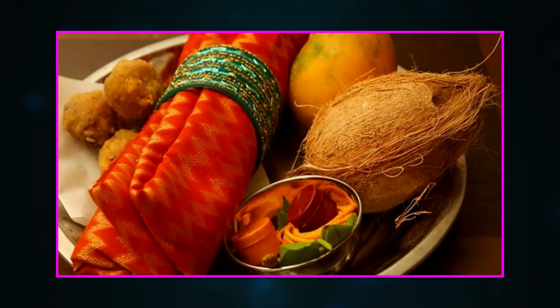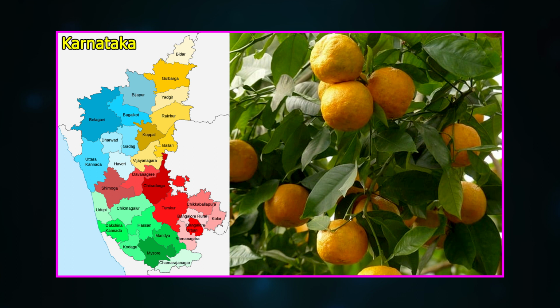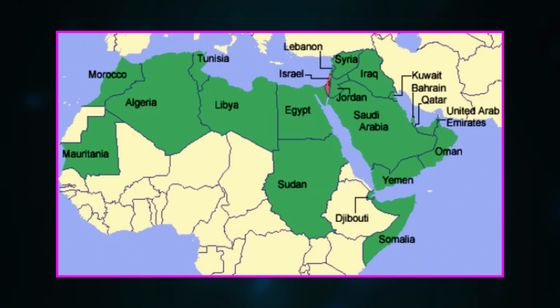Coconuts, widely known for their ritual status, were introduced to the peninsula in the early Christian centuries. Orange was probably a native of Kashmir and was diffused in peninsular India around the 10th century AD. It was cultivated in Karnataka before the 10th century AD, from where it was diffused to the Arab world.